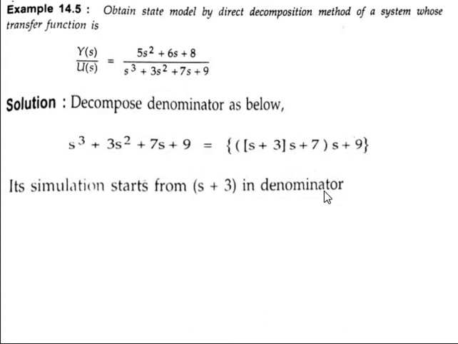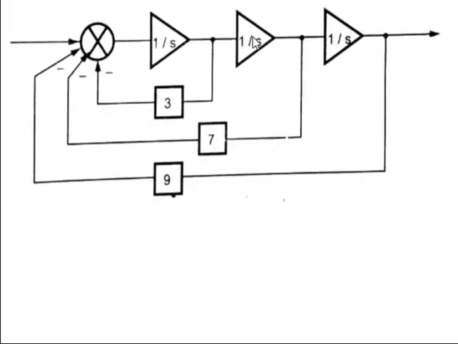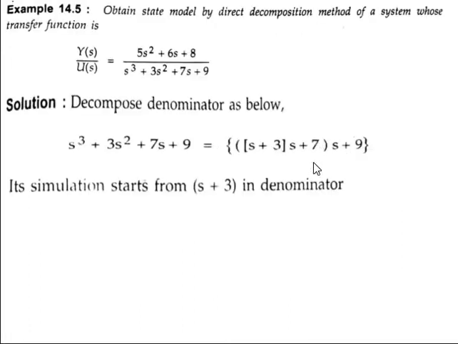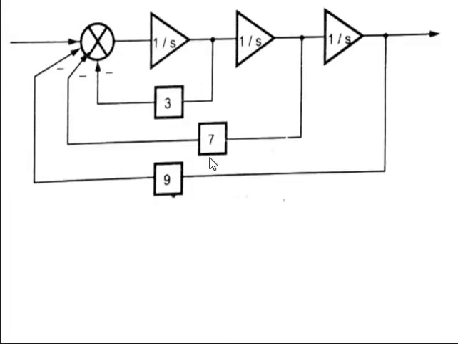That means we can expand the next part. One integrator is connected in series and one feedback block is connected to the summation. So 1 by s, and the feedback value is 7, so the block is filled with 7, and this is also negative feedback, so minus indication.